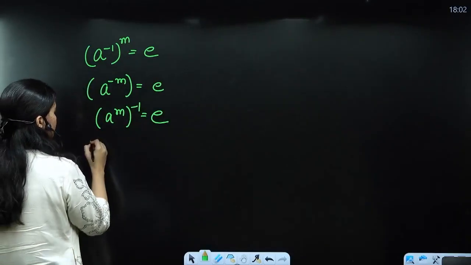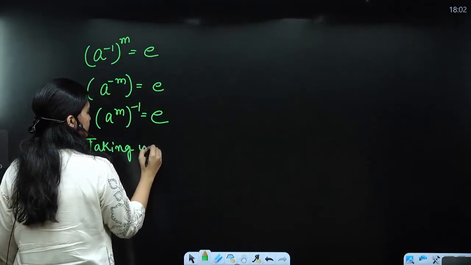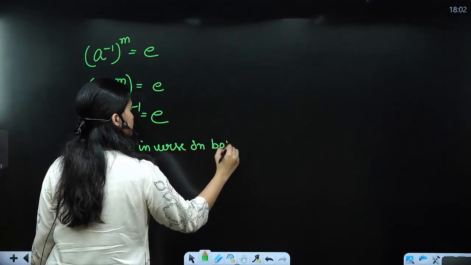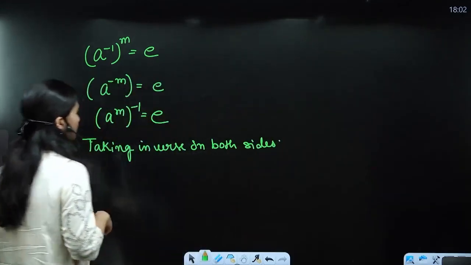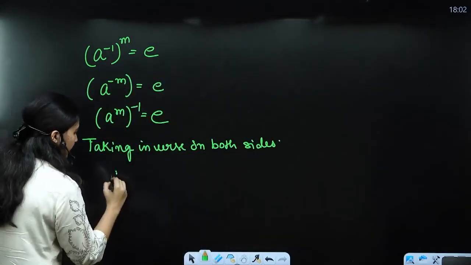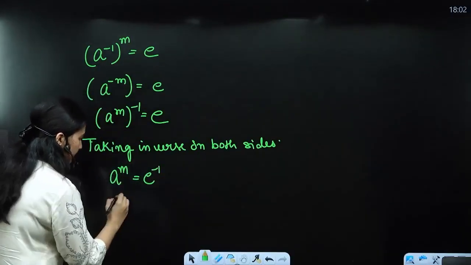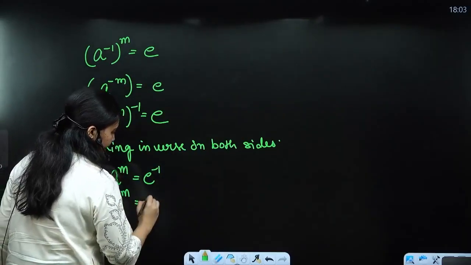Can I take inverse on both sides? This is going to be A raised to the power m equals E raised to the power minus 1. That means A raised to the power m equals E.